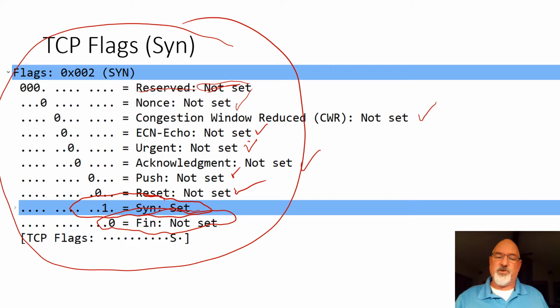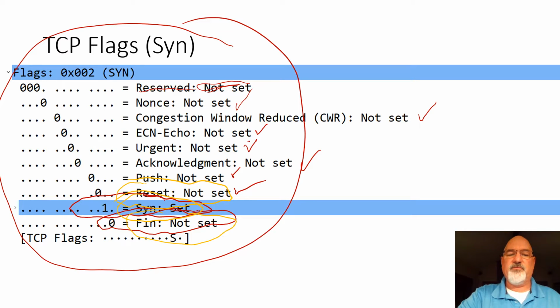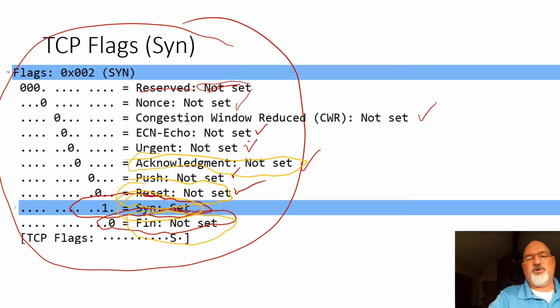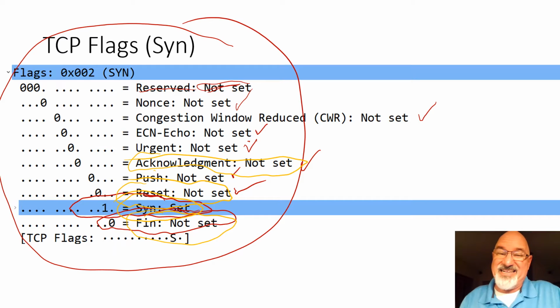If I had to really pick, I would pick a reset, the Syn that we're already talking about, the fin, the ack, are all the ones that I'd spend the most time trying to understand. The push, maybe. Those are ones I'd dig into more, but it helps to know the majority of them and why you might see them in different reasons. So look it up, spend some time, think about it.